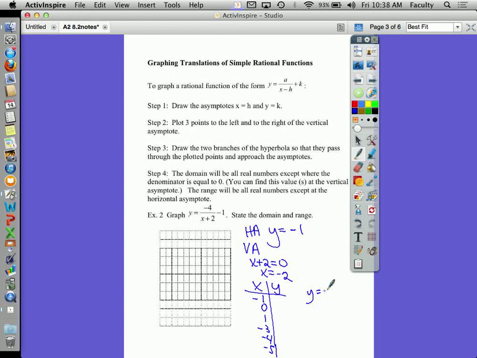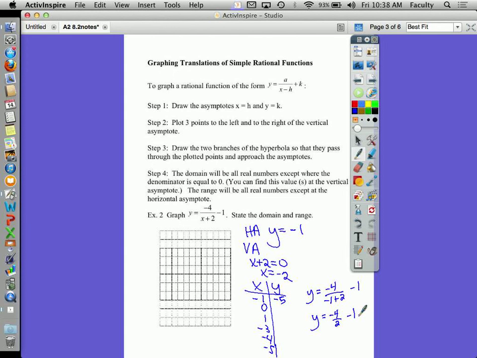So if I plug in that x is negative 1, that's negative 4 over 1. That's negative 4 minus 1. That's negative 5. If I plug in 0, that's negative 4 over 2 minus 1.